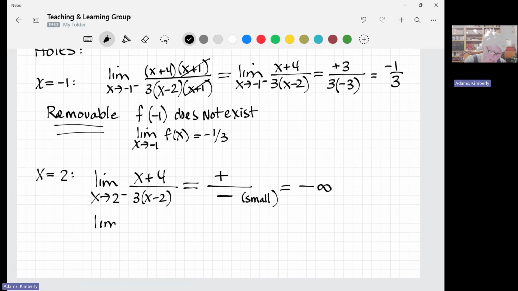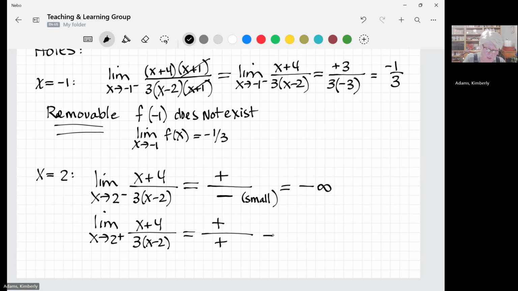What happens when I get close to 2 coming from the positive side? Well, 2.1 plus 4 is something positive. 2.1 minus 2 is something very small and positive. And so this is going to go to positive infinity.